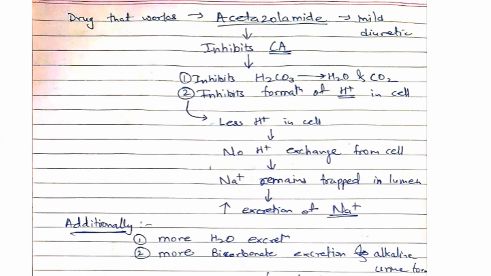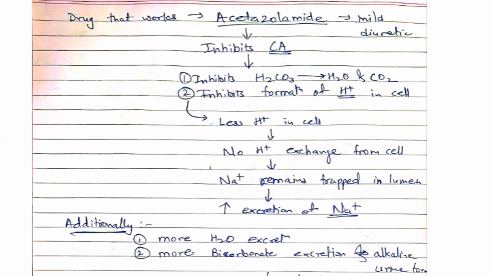Now, in layman's language, why is it a mild diuretic? Sodium escapes reabsorption in the proximal convoluted tubule, but it goes to the later part of the nephron, meaning the ascending limb of the loop of Henle, the distal convoluted tubule, and the collecting duct. There are mechanisms in place to take the excess sodium and give it to the blood.